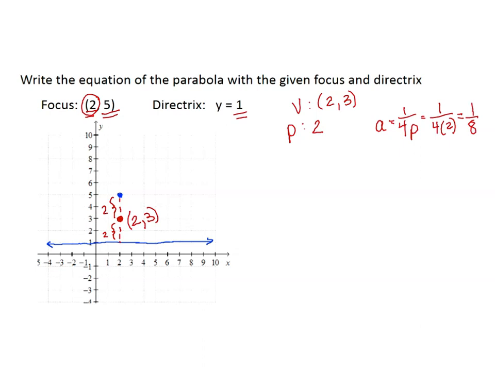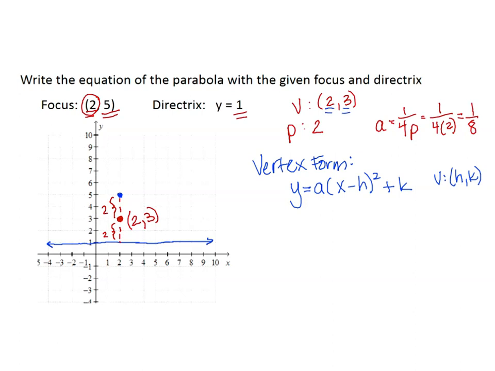So now we're ready to write the equation of the parabola. Let me go back and write the form with all the variables in. This is vertex form: y equals a times (x minus h) squared plus k, and (h, k) is the vertex.